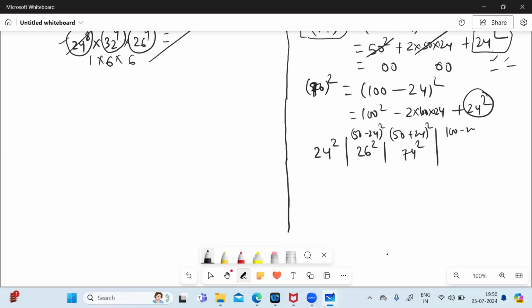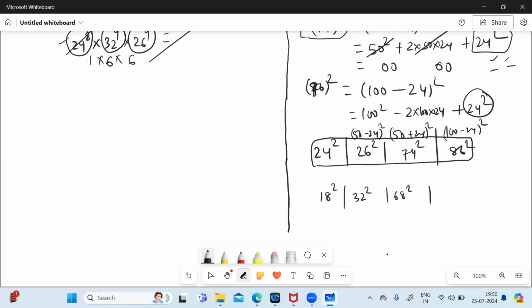Next, 100 minus 24, which is 76 square. Similarly, for all the numbers before 24, if you want to check 18 square, the last two digits of 18 square will be the same for 32 square, 68 square, and 82 square.